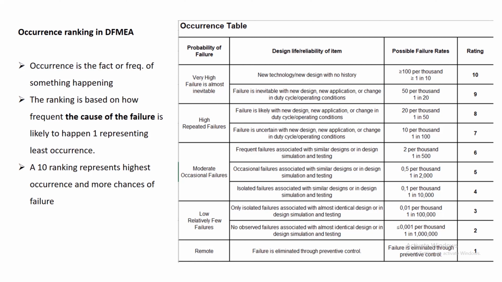Now, when we look into the right-hand side table, as we saw in severity, the rating is given from 1 to 10. And as I mentioned in severity, here also the table and rating are just for our learning purpose.